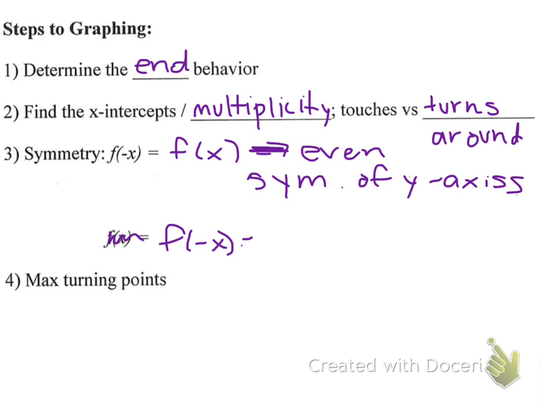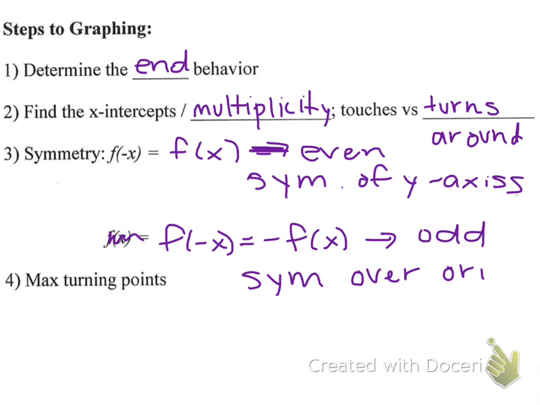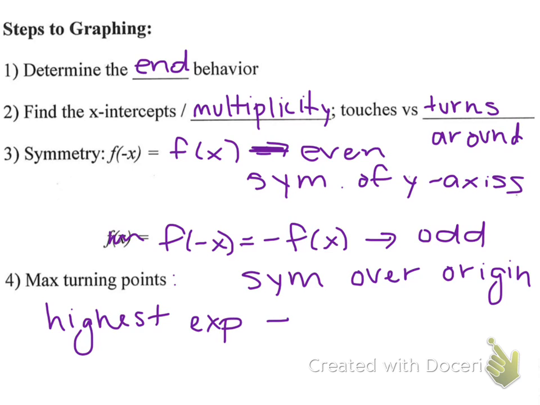If you plug in a negative x and you get the negative out front, that means it's odd, which means it has symmetry over the origin. And then again, our max turning points would be highest exponent minus 1. I'll write it out.